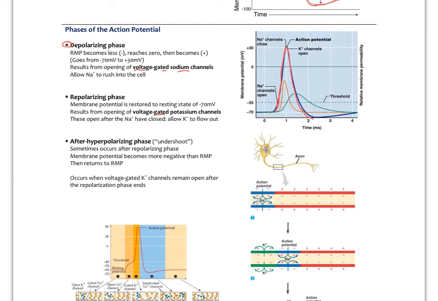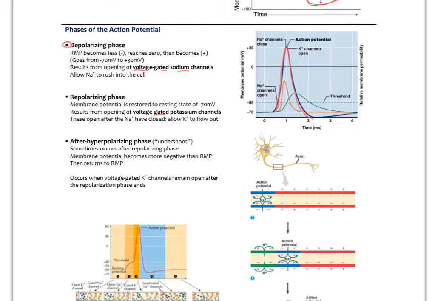And then again, there's a little bit of an undershoot where you go a little bit more negative. That's called the after-hyperpolarizing phase. And that's basically as these ions are equilibrating and the potassium channels remaining open a little bit too long, they cause a little bit too much of a negative polarization there. But then it goes back to rest. So that's the basics of an action potential.